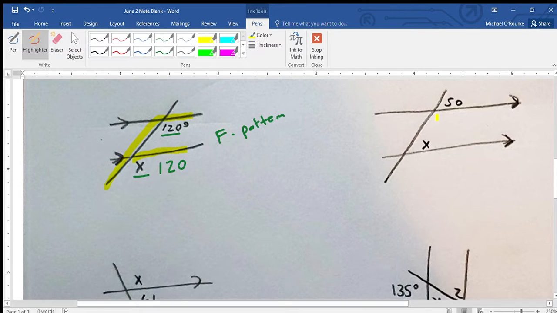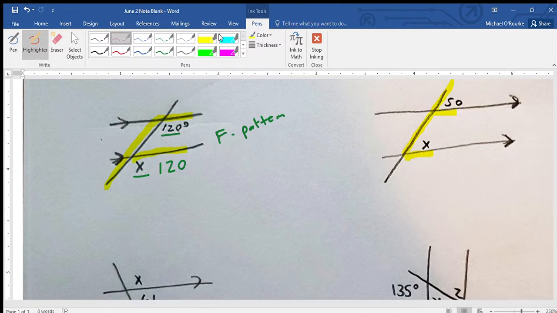Now, go through: are they on opposite sides? No. Are they inside? No. So it had to be an F, but that doesn't look like an F. Sometimes I get kids to turn over their page. So if I were to vertically flip this, you would see an F pattern, right?